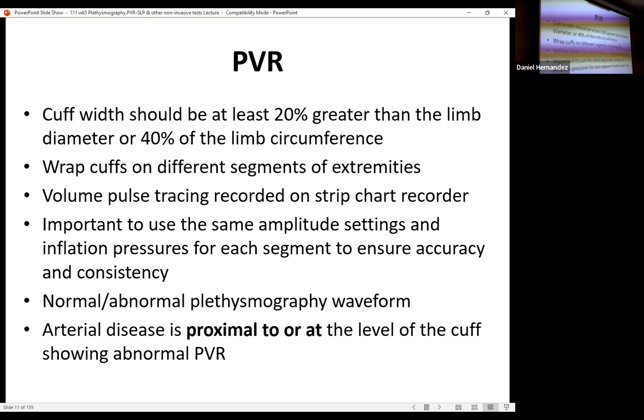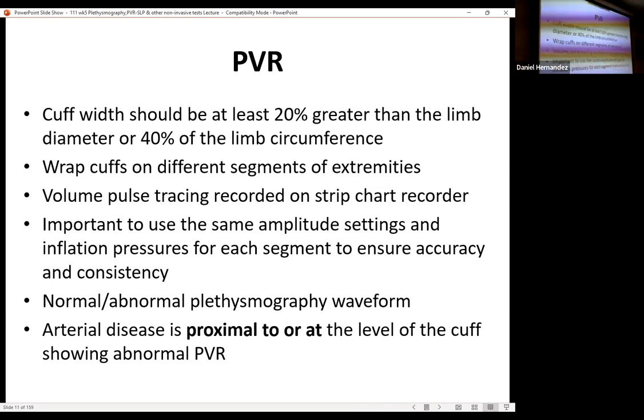It's got to be at or proximal to that cuff. So if I have my thigh cuff and that's the one that has the abnormal waveform, the disease segment is either at that cuff or something proximal. So iliac, maybe aorta. If it's my high thigh or high calf cuff that has the abnormal waveform, the disease could be at that cuff or something more proximal.